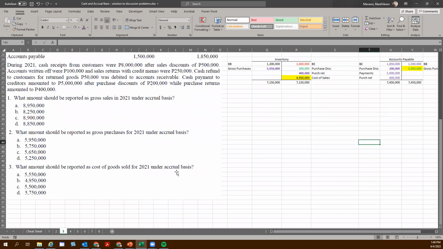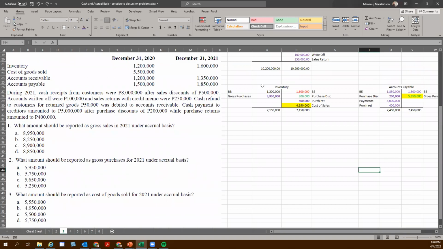Next, we have cost of goods sold. Of course, when we're looking into the cost of goods sold, what we need is the inventory part. So inventory, we have 1,200,000 beginning, 1,600,000 ending. So we're okay there. Then we have the gross purchases. We computed earlier 5,950,000. Earlier we were talking about gross sales.